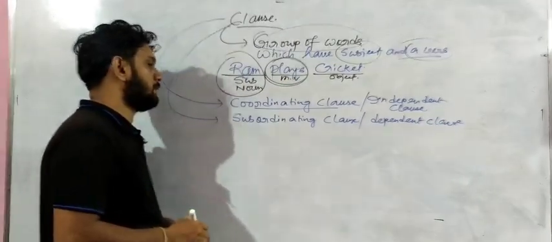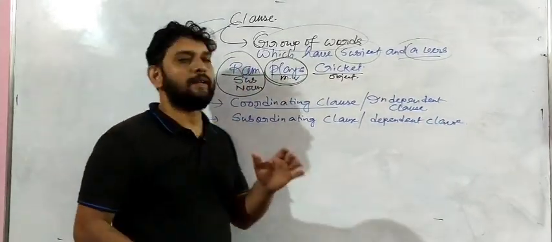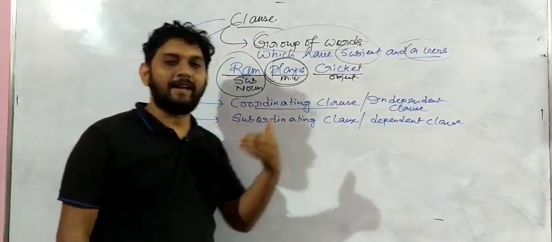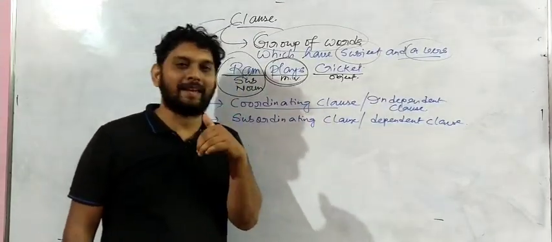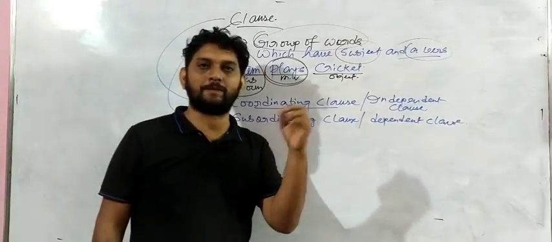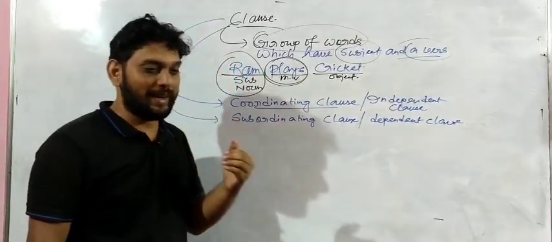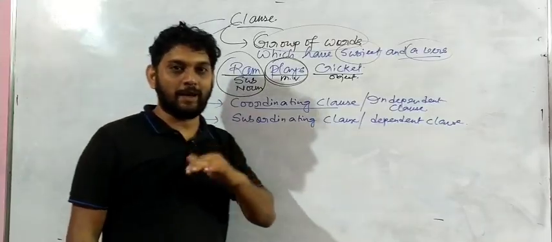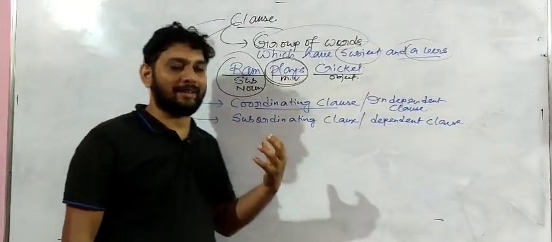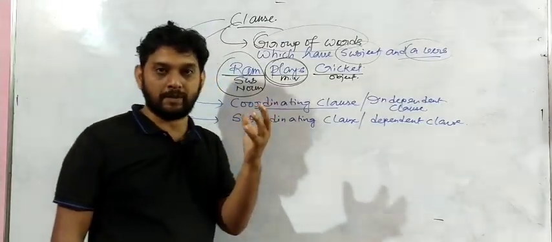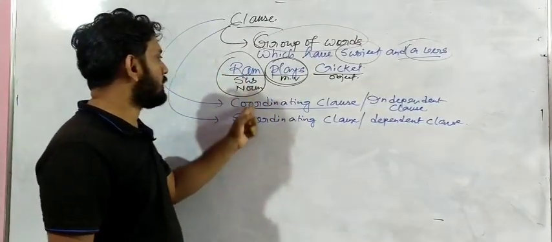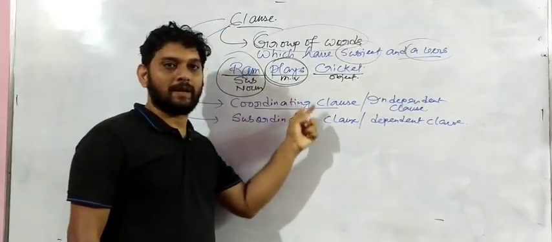So first of all I have defined what is clause, but by understanding the definition alone, you can't say that you have understood the concept of clause. If you say like this, it would not be correct. We need to understand the length and breadth of this topic. That means we have to go all in. I have also defined it by giving an example, Ram plays cricket.